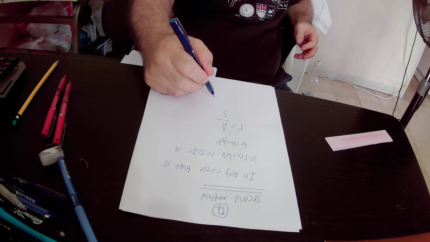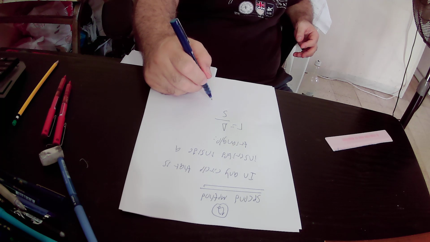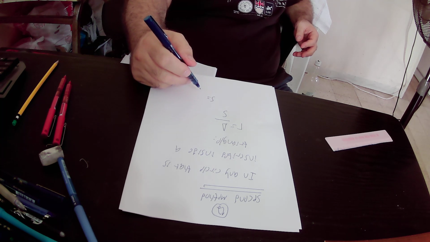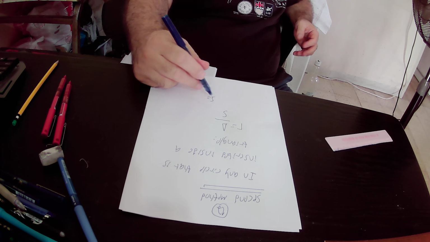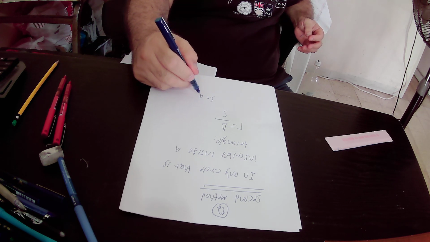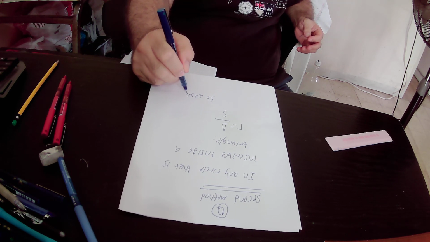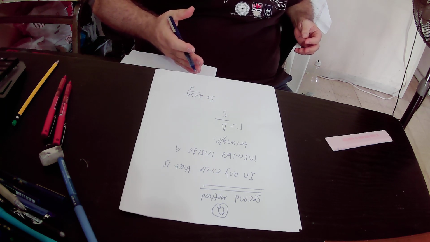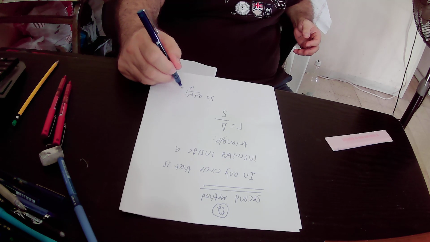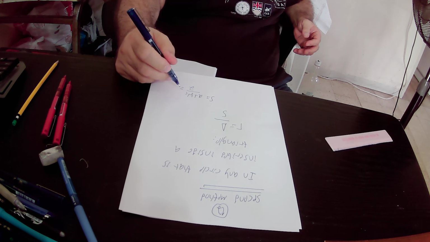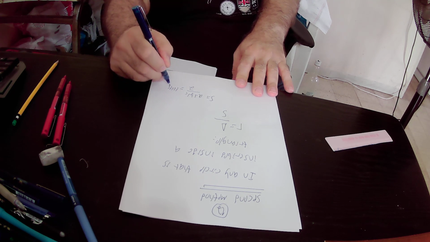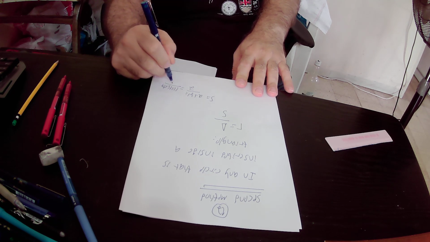And I have already explained to you that S, the semi-perimeter of the triangle, equals the sum of the sides of the triangle, which in this case is A plus B plus C over 2, and we actually found out that it equals 21, because it is 13 plus 15 plus 14 over 2.